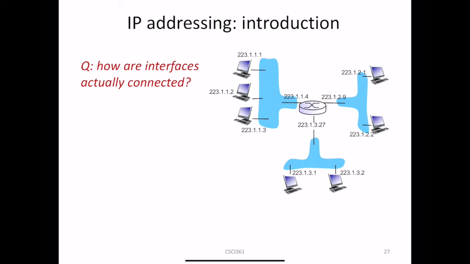Then let's see this question. So how are interfaces actually connected? I'm not sure if you still remember, in chapter 1 we talked about how to connect computers or devices together to form a network, and also what kind of devices we can use to connect multiple networks together to get an internet.